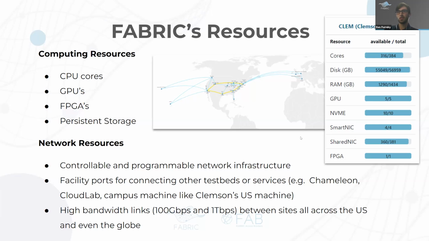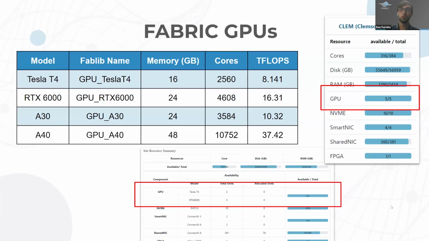etc. Since this is an AI and machine learning webinar, I'm sure we're all very interested in the GPUs that Fabric has to offer. Here is a table of the GPUs that Fabric has. There are 4 options, all NVIDIA GPUs: the Tesla T4, RTX 6000, A30, and A40.